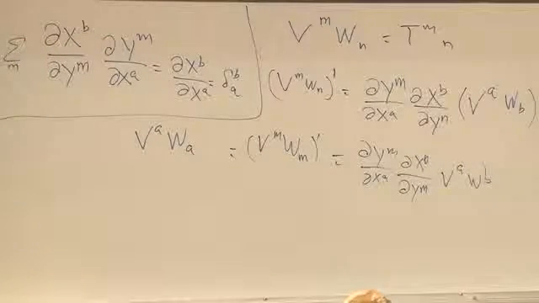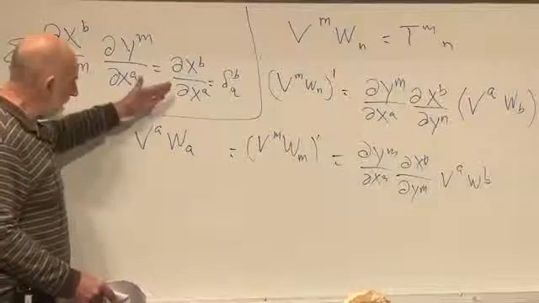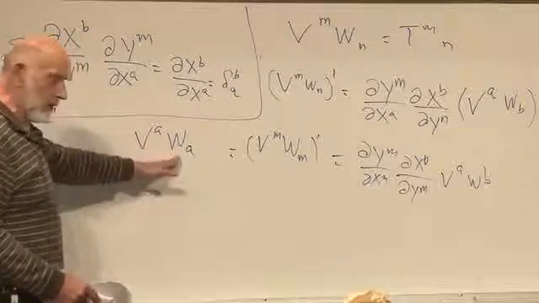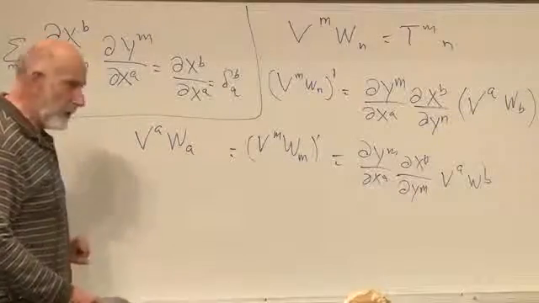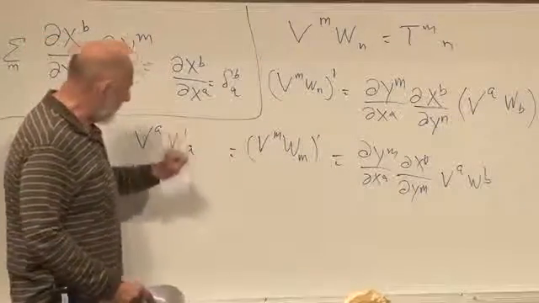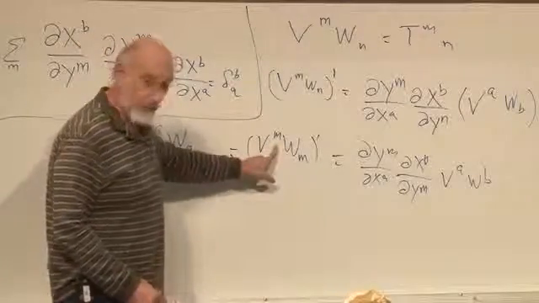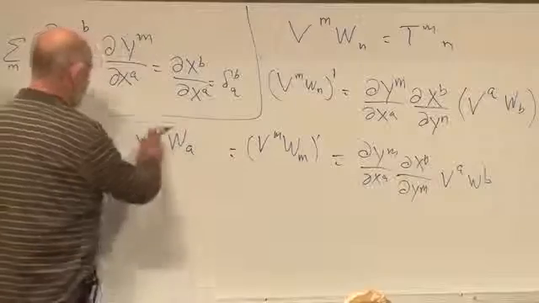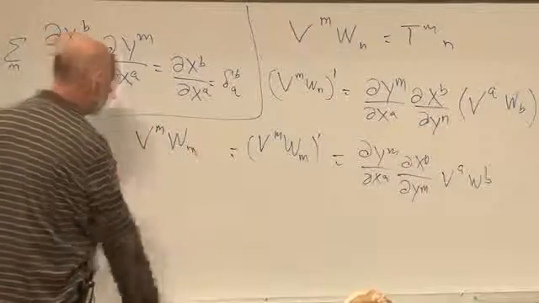And look what I have on the left. On the left, I have the contraction of an upper index with a lower index. It doesn't matter that I call it A. That's not important. I have the contraction of the upper index with the lower index in the unprimed frame, and that's equal to the corresponding quantity in the primed frame. I could call this M if I like. It's a summation index. It doesn't care what I call it.